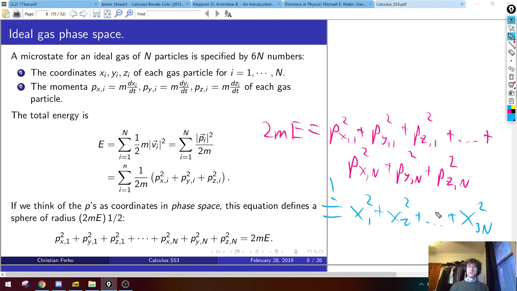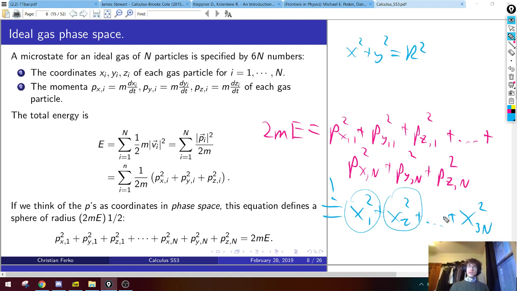You've studied this for the volumes of spheres, or balls. The equation that tells you if I add up the squares of all of my coordinates and it's equal to some number, that is the equation for a sphere in higher dimensions. Just like in 2 dimensions, you would say x squared plus y squared equals r squared.